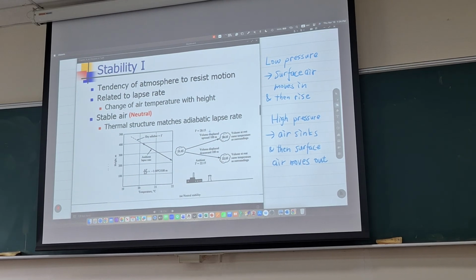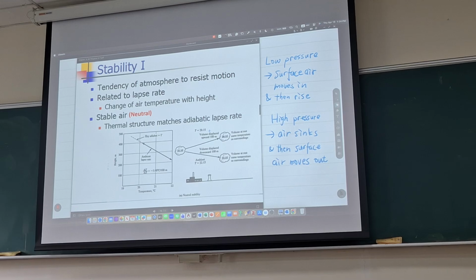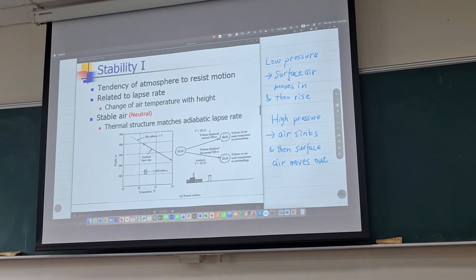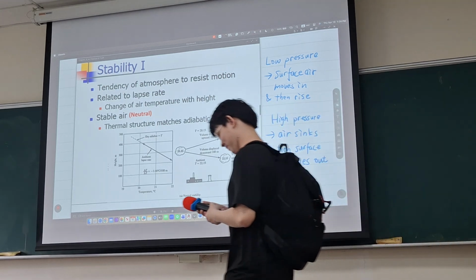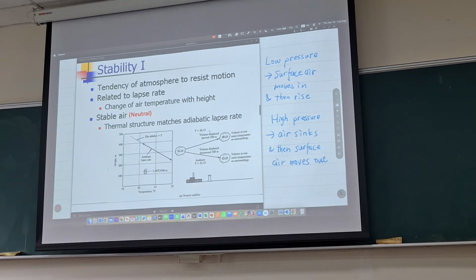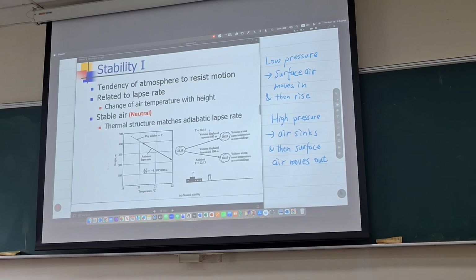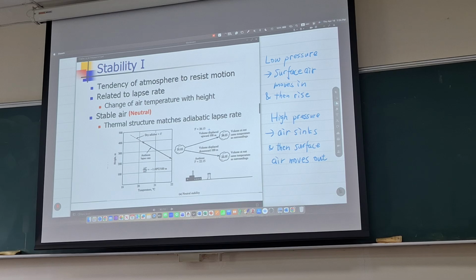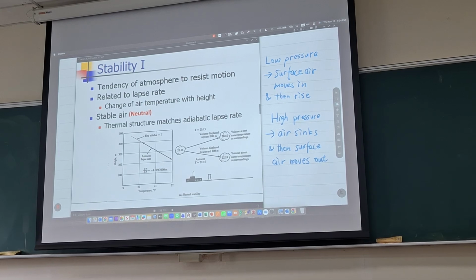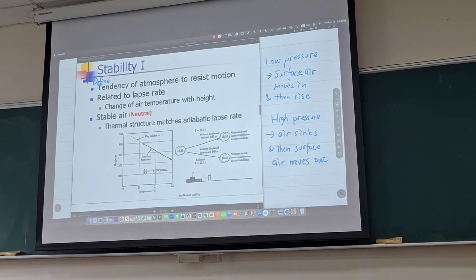Okay, next page. So this slide is going to introduce atmospheric stability. So first I want to define what atmospheric stability is.